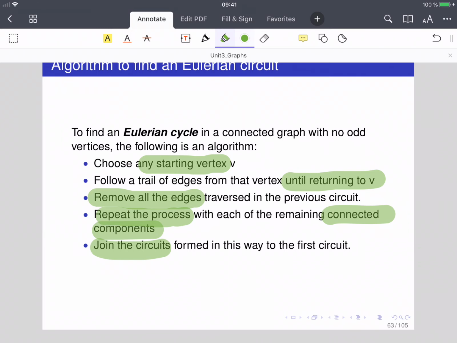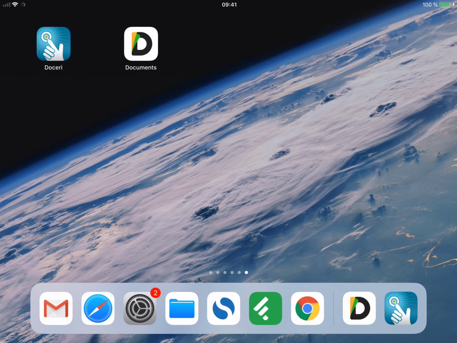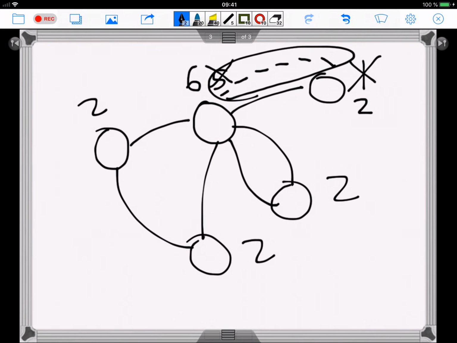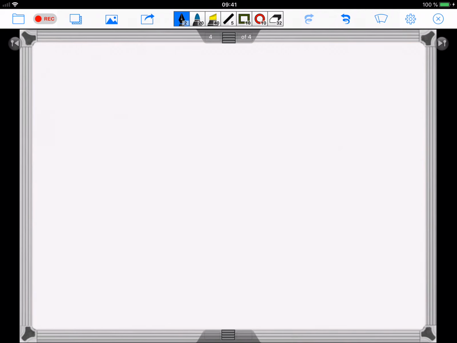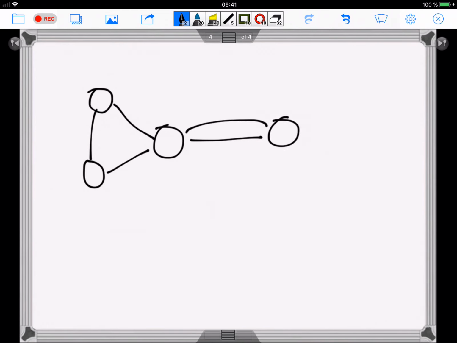So let me do this first with a very simple example, and then with a more complicated one. So let's draw, for instance, a graph like this one here.